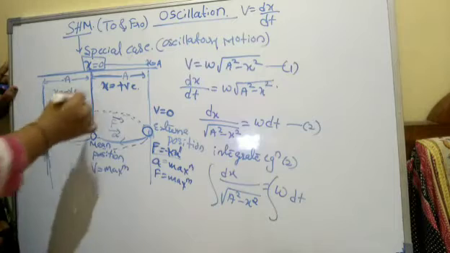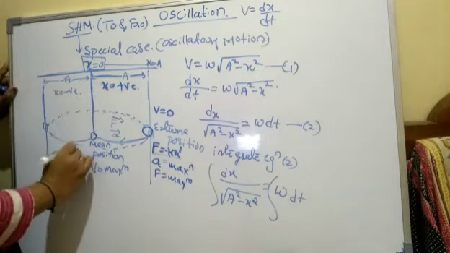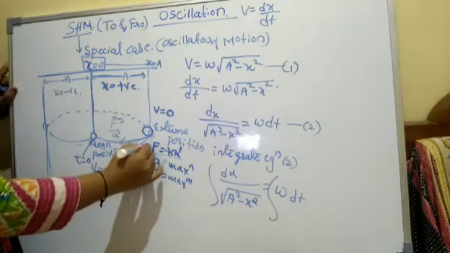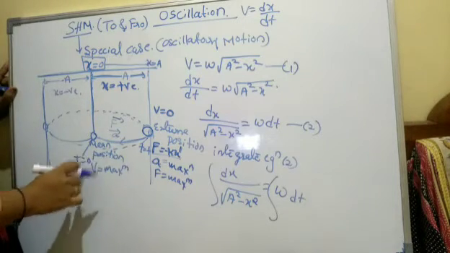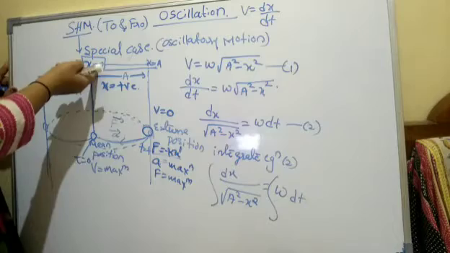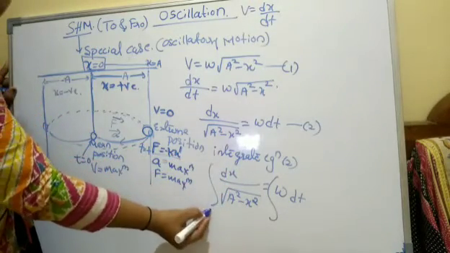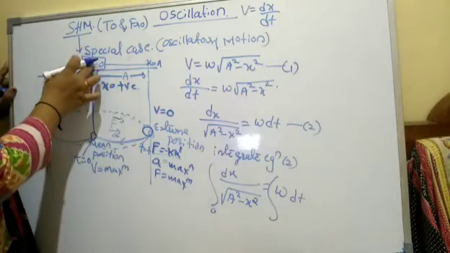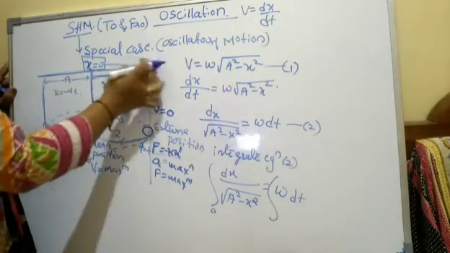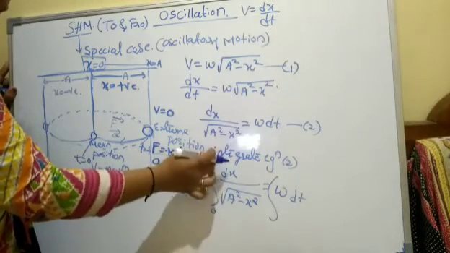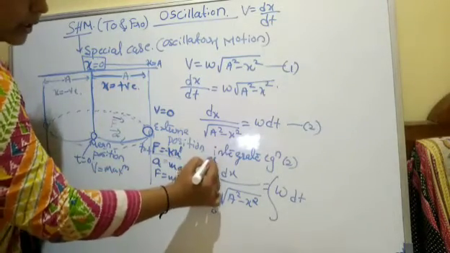Similarly, t is equal to 0 at the mean position, and it moves after a certain time t. So it moves from the mean position to the extreme position, that means 0 to x.